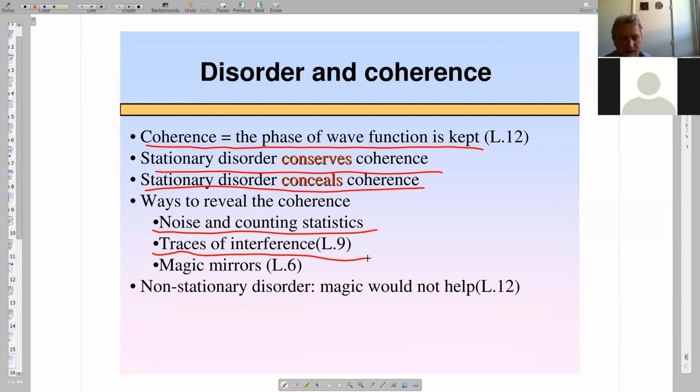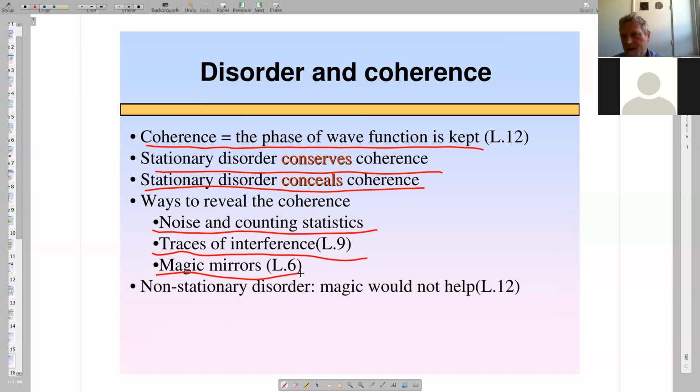There are also magic mirrors, which in quantum transport are presented by superconductors. We will talk about this in lecture number 6. All these are ways to reveal the coherence in an experiment.